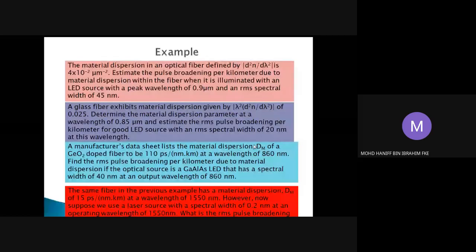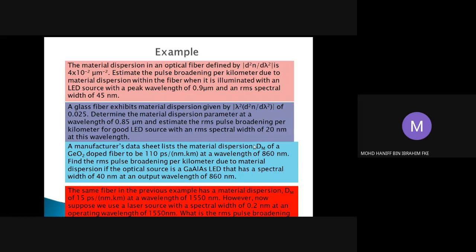Okay, number 3, we are given a case of the Dm of a germanium oxide, GeO2, doped fiber to be 110 picoseconds per nanometer per kilometer at a wavelength of 860 nanometer.